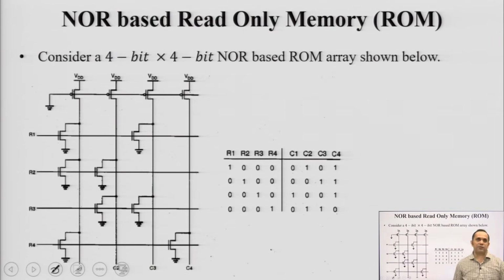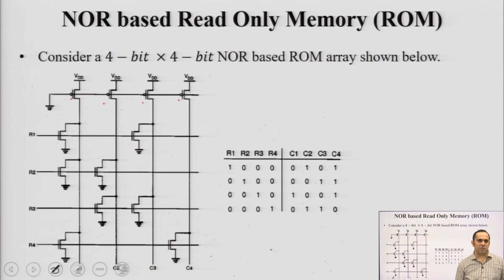This is a 4 by 4 bit NOR based ROM array. Okay. Why am I saying this is a NOR based array? If you see the PMOS devices here, these are your PMOS. These PMOS are connected in parallel, whereas wherever you see NMOS devices, they are generally connected in series. Okay.